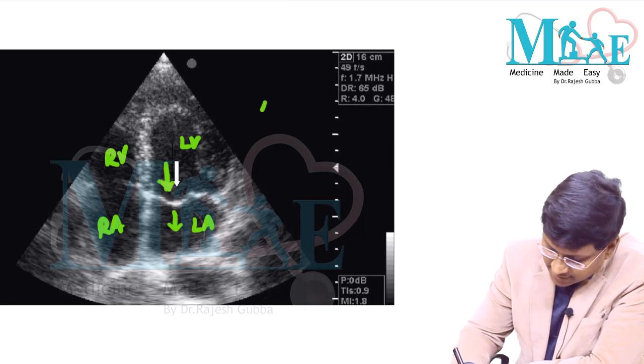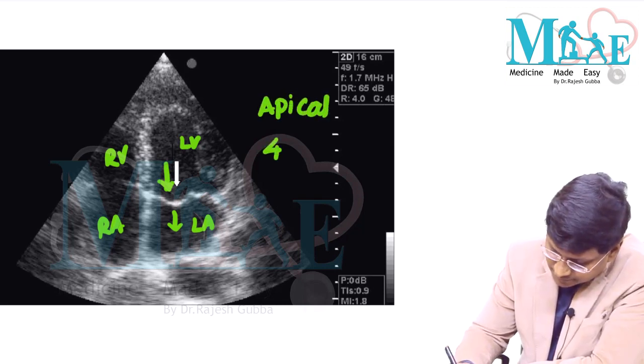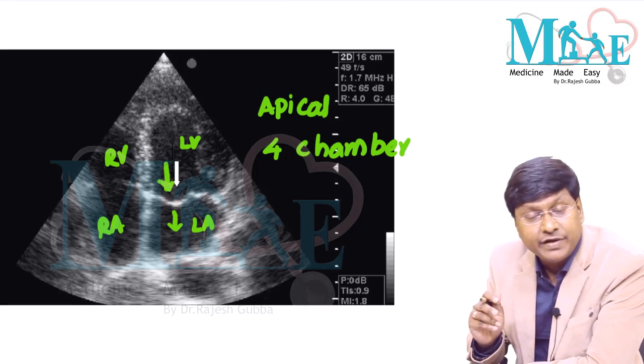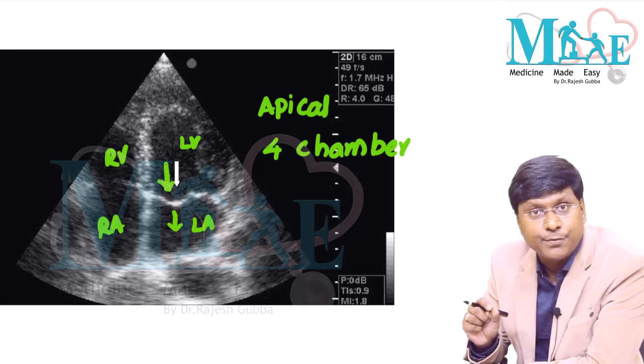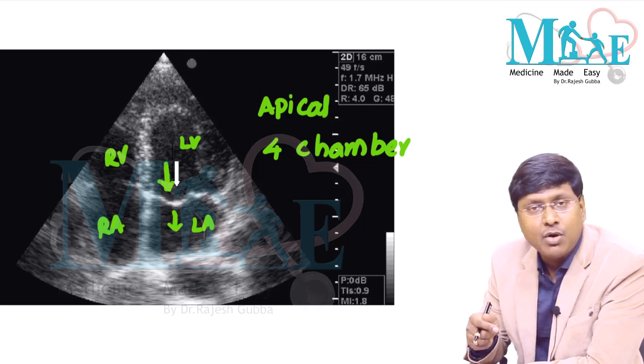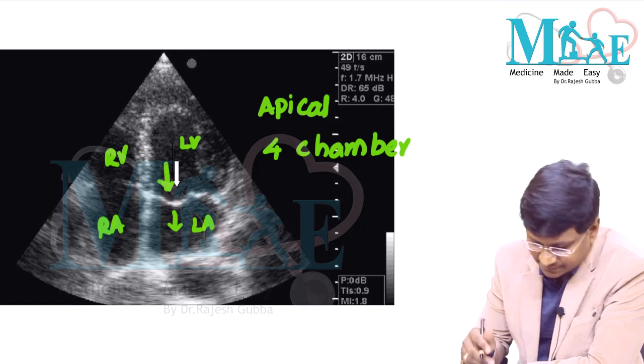This is the apical 4-chamber view in 2D echo. Is that clear? Now, when can you use the word prolapse? That means how much should be the minimum amount of the mitral valve that is prolapsing.